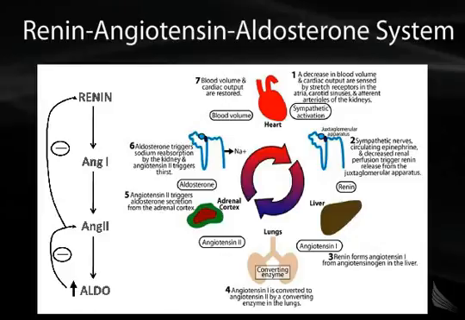Angiotensin 1 gets converted to angiotensin 2 in the lungs by the converting enzyme. The angiotensin 2 then works on the adrenal cortex, specifically in the zona glomerulosa, as I showed you in the previous slide, activating IP3 and synthesizing aldosterone. Aldosterone then works back on the kidney in the distal convoluted tubule to reabsorb sodium and secrete potassium.